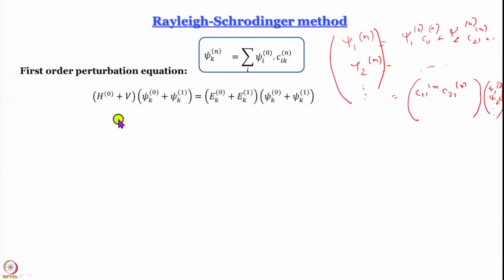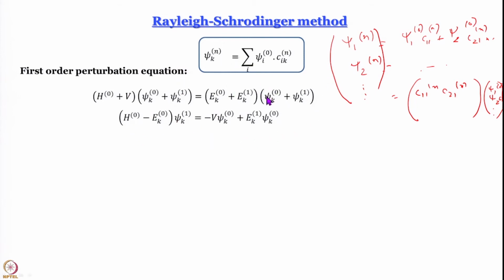H 0th plus V operates on psi k 0th plus psi k 1th to give us the corrected energy multiplied by the wave function, the eigenvalue equation, and from there I can rearrange. While rearranging I have neglected certain terms because H 0th psi k 0th will be equal to E k 0th psi k 0th, right. So, they are going to cancel each other. So, this is what we are left with.